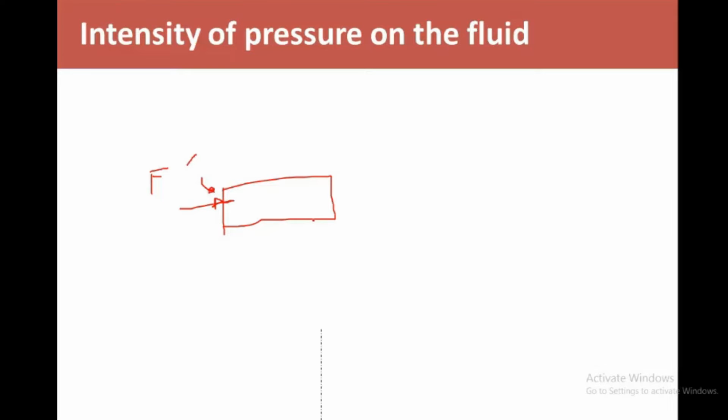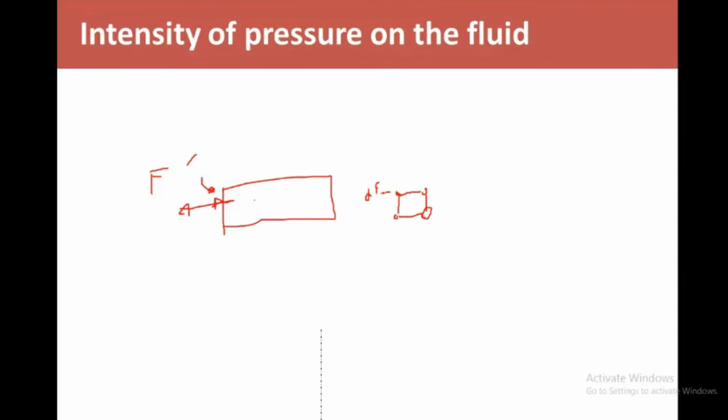What will happen in the solid body? Basically there will be a number of molecules which are held together in some crystalline structure, like this. They will be held together by some covalent bonds. Now this force is distributed into small forces df. Suppose this is a tensile force.